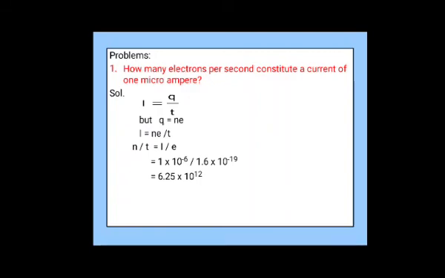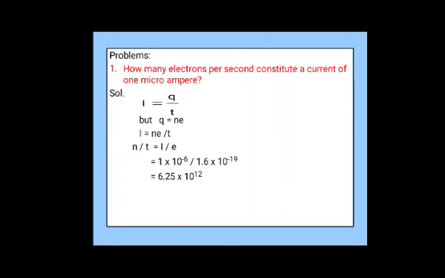So, what is the value of current given here? Current of 1 microampere. Micro means 10 raised to minus 6. So, instead of I, you substitute the value as 1 × 10^-6. What is the value of small e? 1.6 × 10^-19.